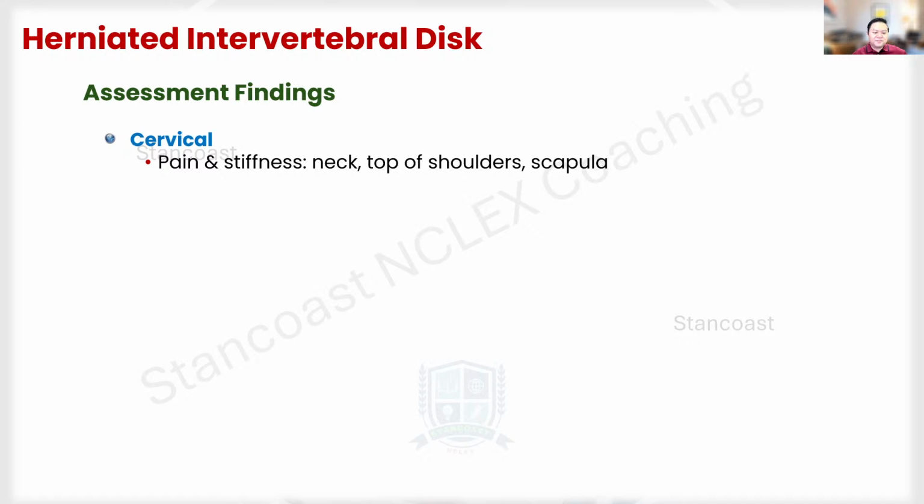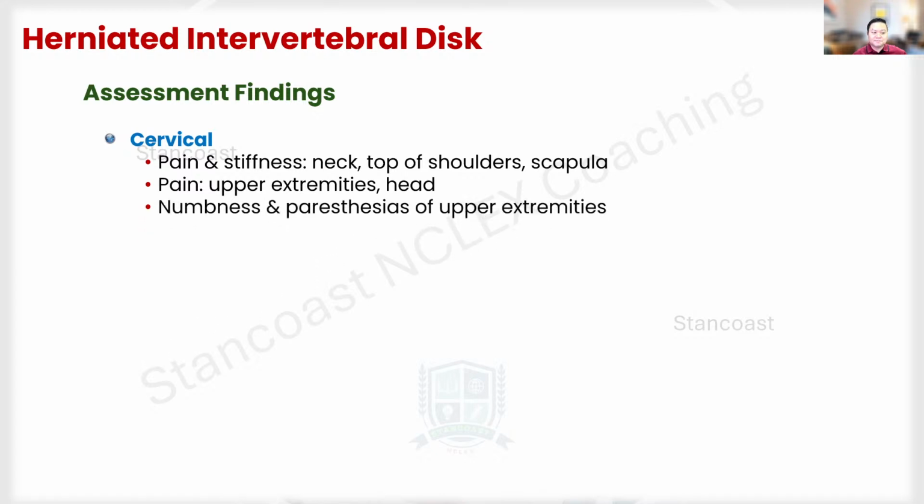And aside from that, they will also have numbness, tingling sensation, paresthesias, those pins and needles. This will affect mostly the upper extremity since we are talking about the cervical herniation. Again, the numbness and the paresthesias will occur mostly in the upper extremities, and the pain will be there as well.